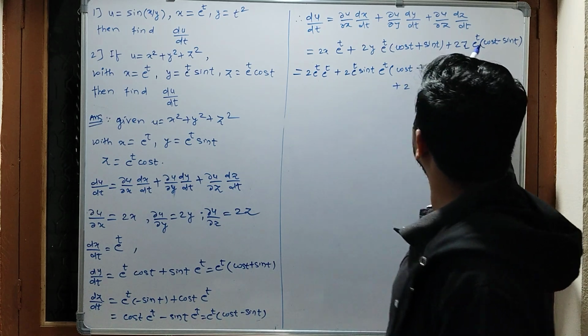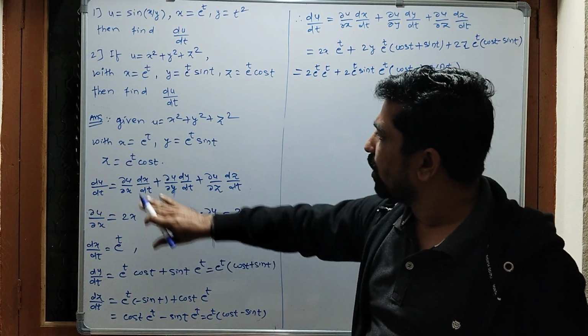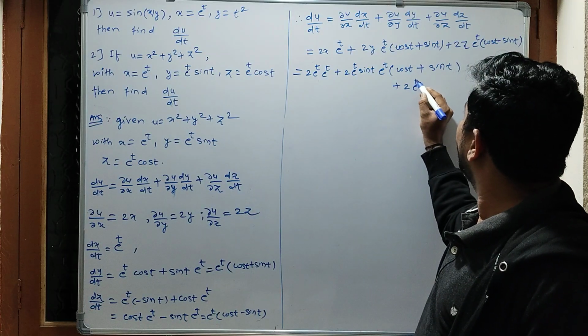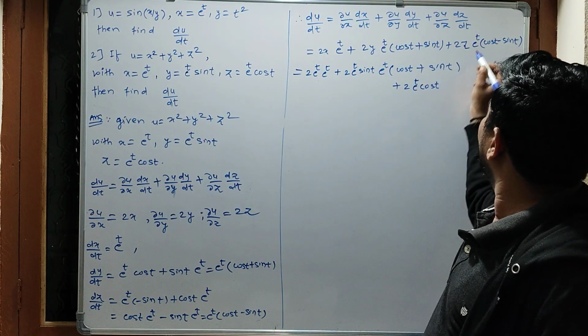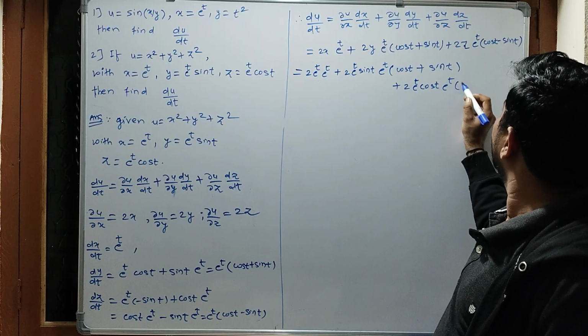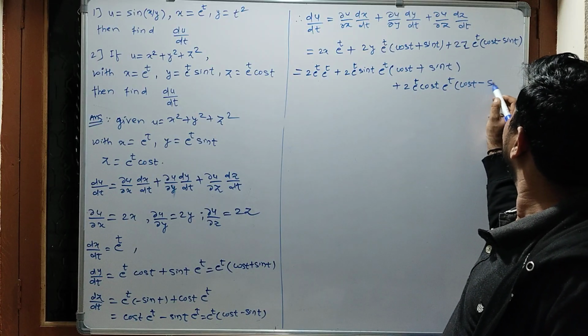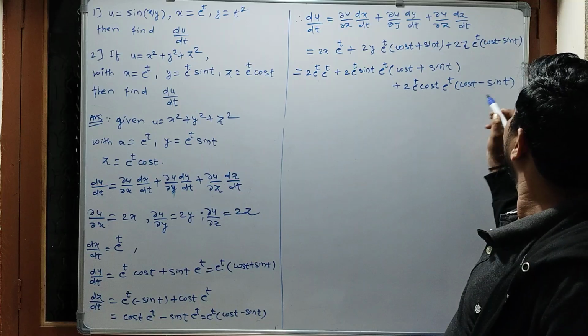Plus 2z, the value of z is e to the power t cos t, and one more e to the power t, cos t minus sin t.